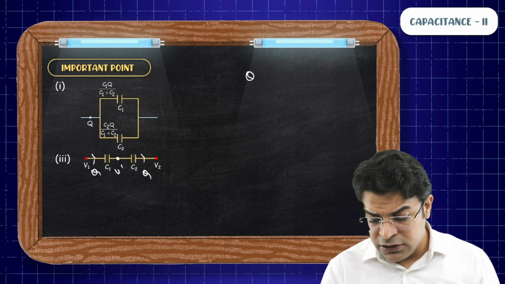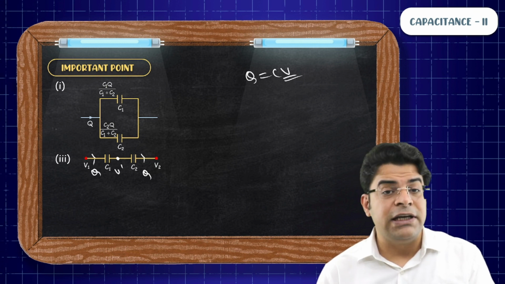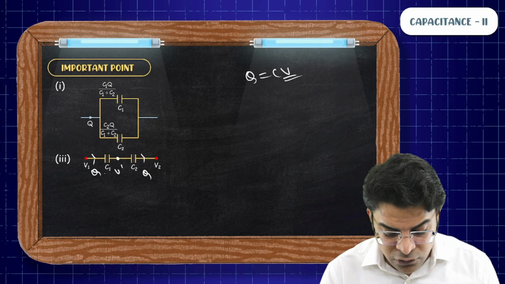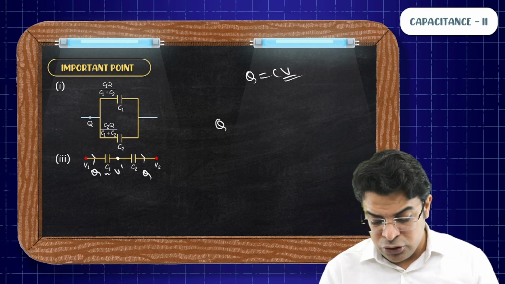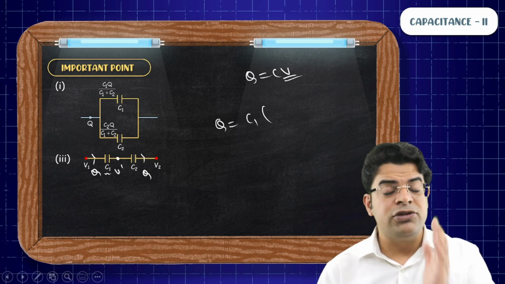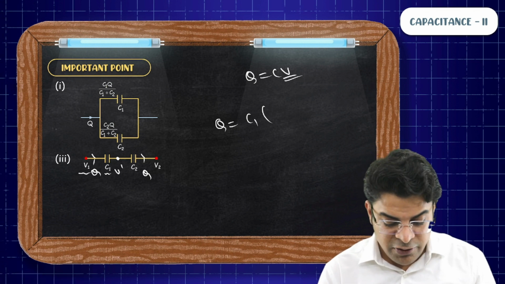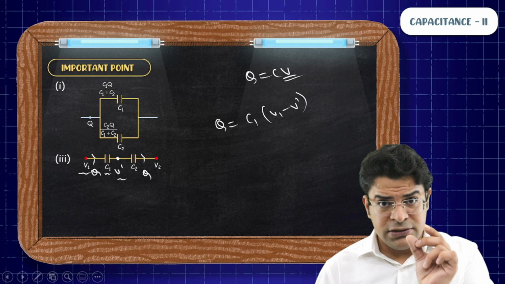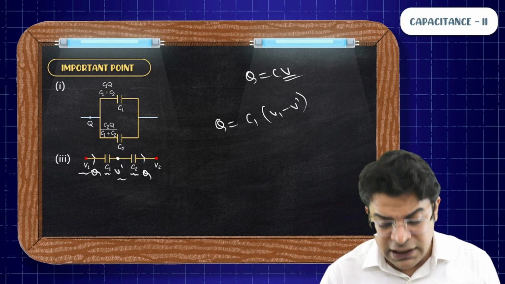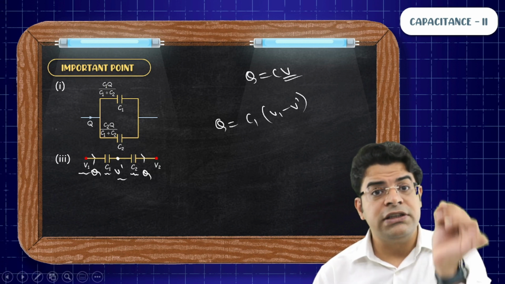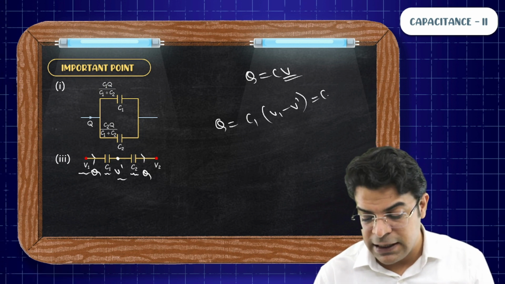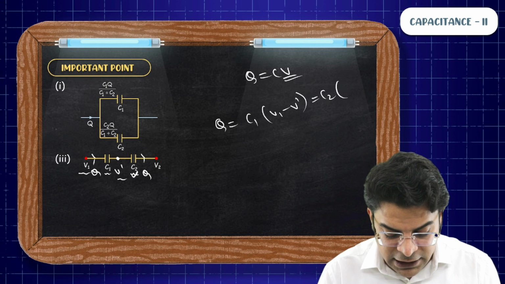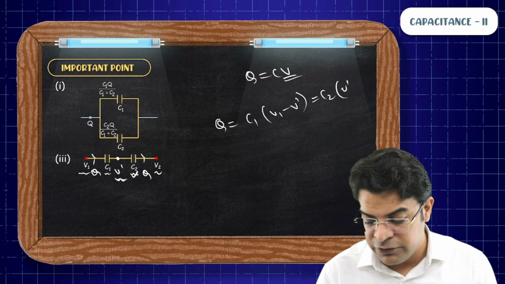And we know that Q equals CV, where V represents the potential drop across the capacitor. So you can say the charge flow through the first capacitor has to be equal to its capacitance times the potential drop across it. That will be V1 minus V dash. Similarly, this charge flow has to be the same even for the second capacitor, and the charge flow through the second capacitor can be written as its capacitance times the potential drop across it, and the potential drop across the second capacitor has to be V dash minus V2.